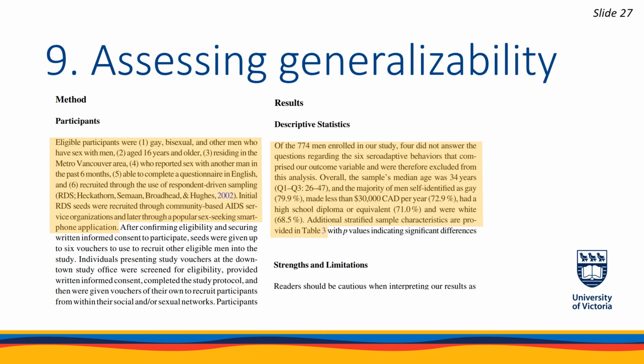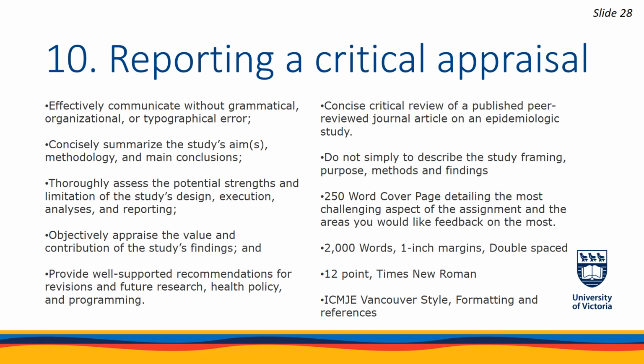In slide 10, we show reporting a critical appraisal; this is going to be for your assignment. For a critical appraisal, you're going to want to go through each of those 9 previous steps.